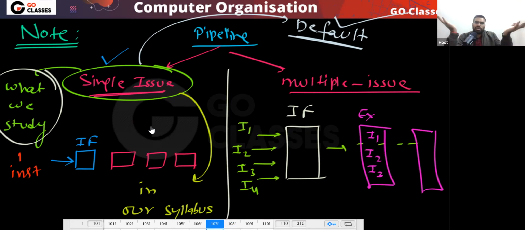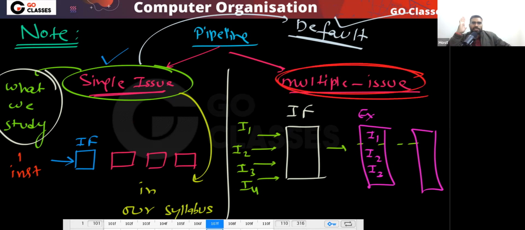Is single issue and multiple issue understood? Multiple issue means multiple things are happening, like you have many ALUs, say 4 ALUs, and I1, I2, I3 are all using ALUs.